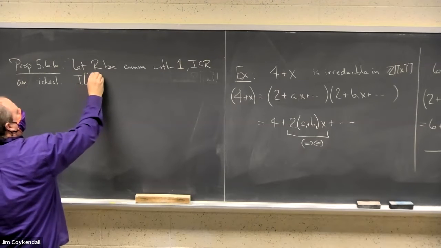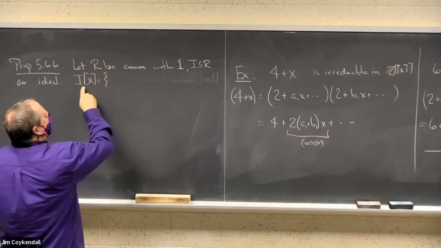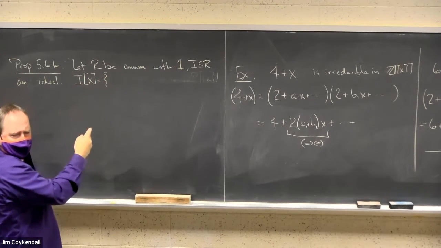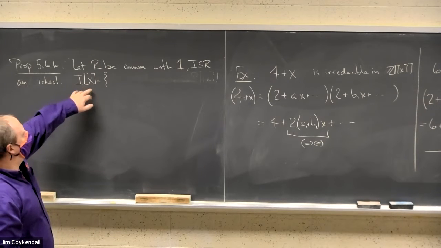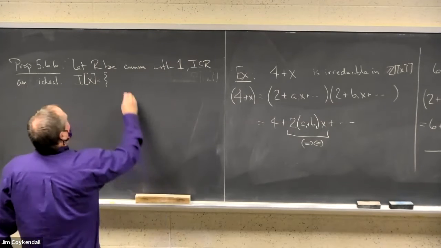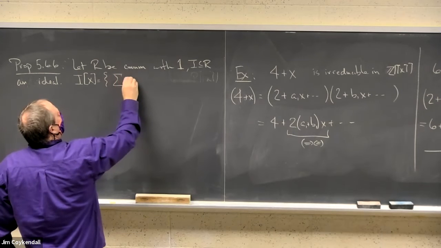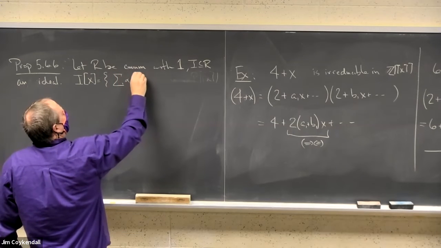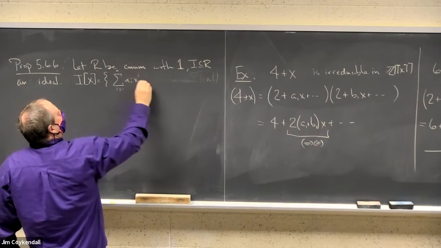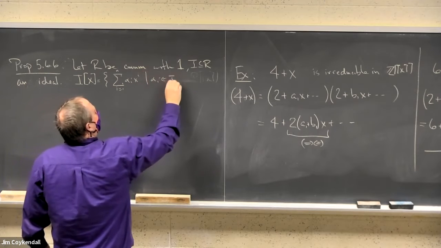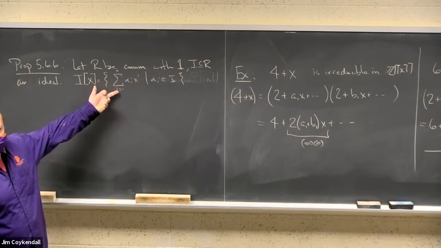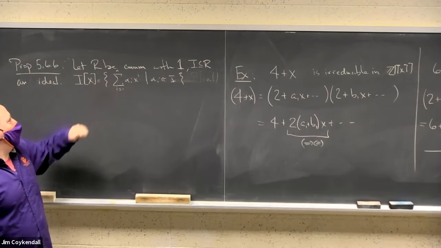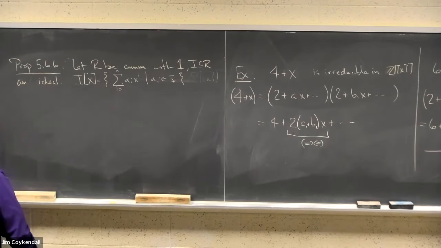You've seen this in the homework. What do I mean by I[x]? I think the notation is suggestive. This is just all polynomials, all of whose coefficients come out of I. So it's the sum of alpha_i x^i, where alpha_i is in I. Basically, this is the smallest ideal of the polynomial ring generated by the ideal I.